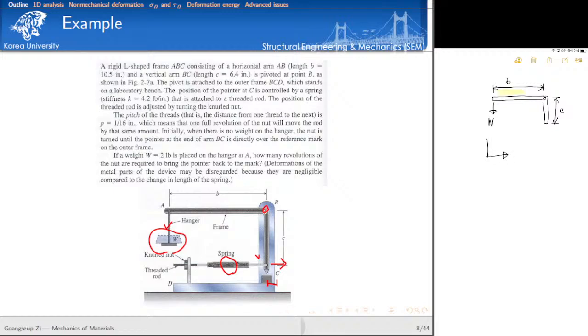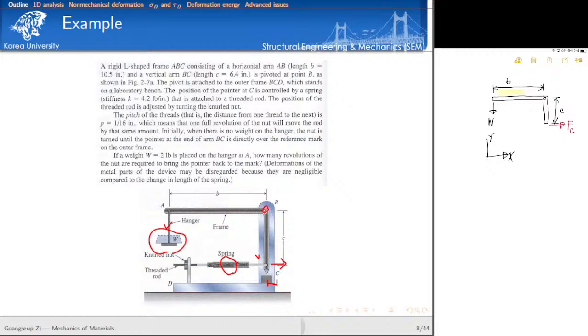Otherwise, we cannot do that. So X and Y. Let's use this two-dimensional system. Because of this two-dimensional system, I'd like to assume the force reaction at point C in this way. So let's consider the force at point C.